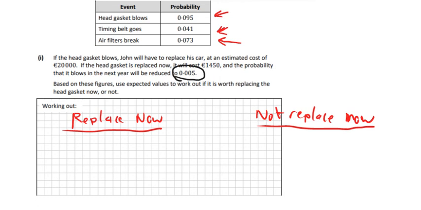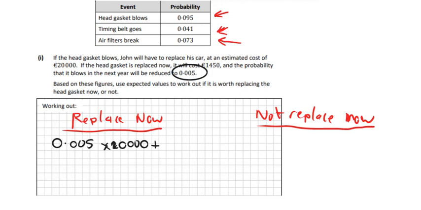So the probability would be 0.005. There wouldn't be much probability because it's basically new. So we must times that by 20,000. That would be the estimated cost, but we must add on the price of replacing it.